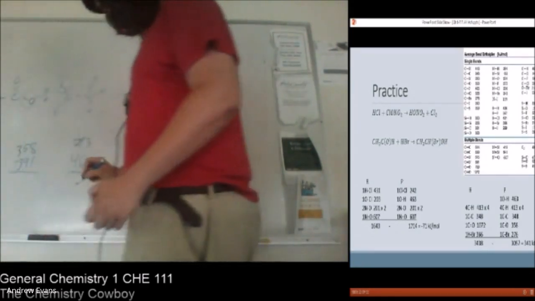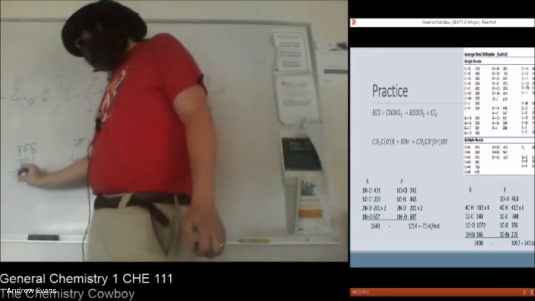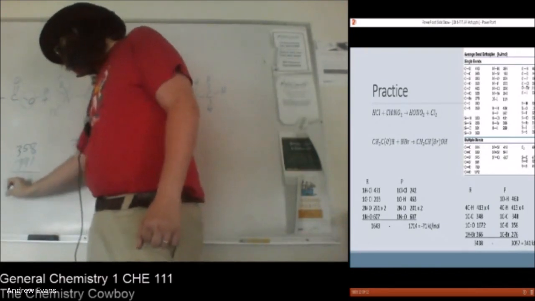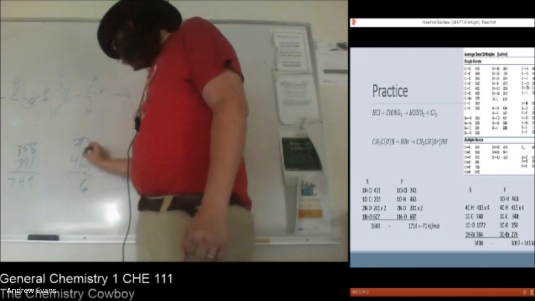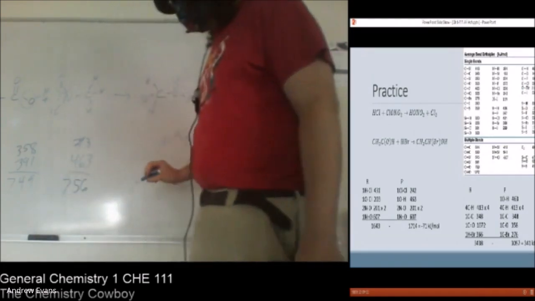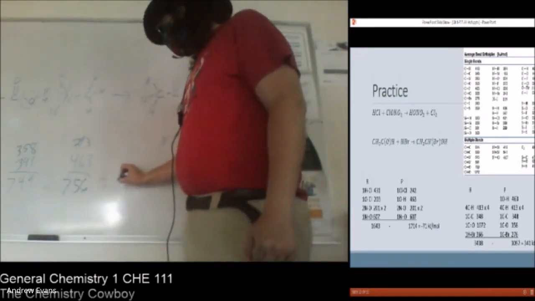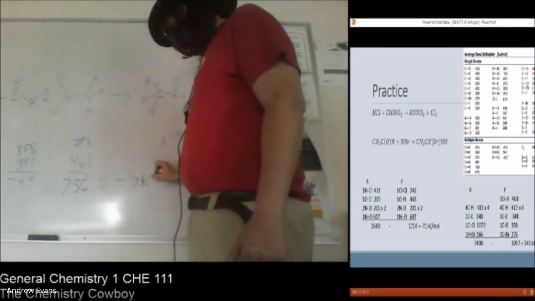I'm just looking them up on the table. So on the left side, adding them all up, 749. On the right, 756. The difference between these two is -7 kilojoules.